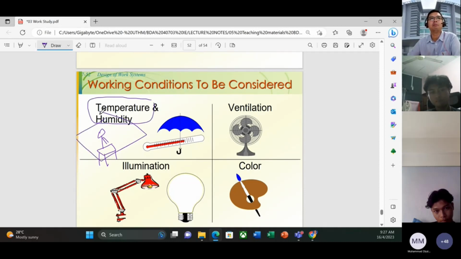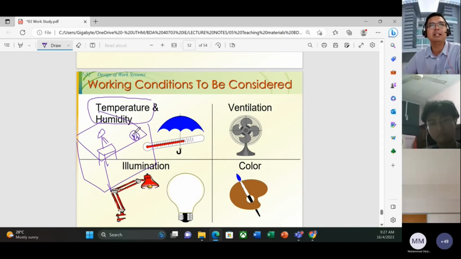For example, in this workstation room, is there enough ventilation, fan or temperature? Is it 32 degrees Celsius or 40 degrees Celsius? It can cause exposure to heat stroke and heat stress, heat fatigue, and others.